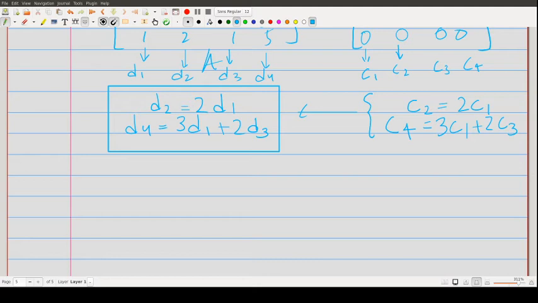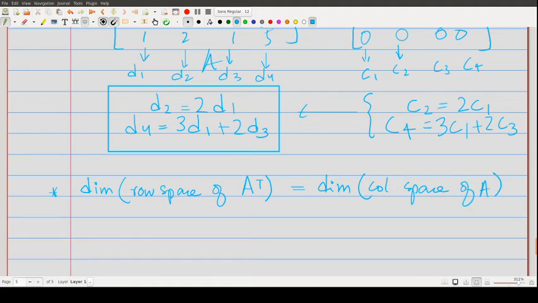Okay, so that was the first interesting thing about the columns of A and U. The next fact is that the dimension of the row space of the transpose of A, and notice that this is not just for this example, this is true for any matrix, is the same as the dimension of the column space of A. If you take the transpose, the rows become columns and the columns become rows.